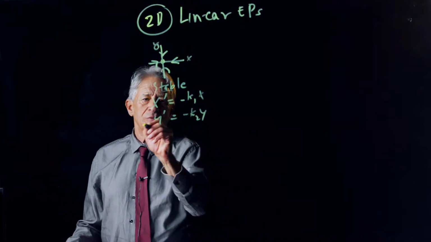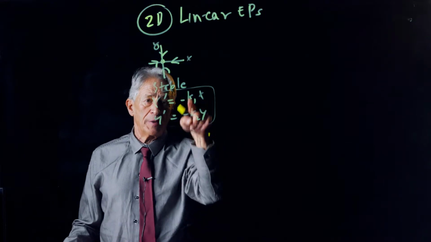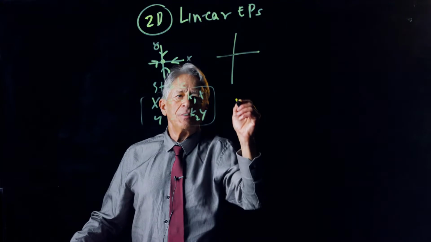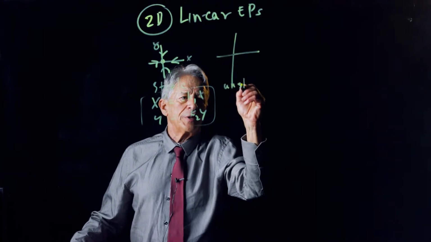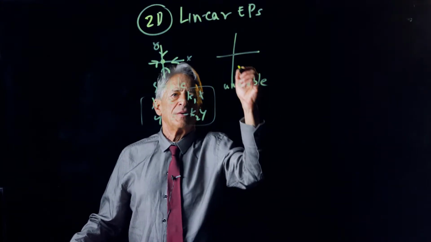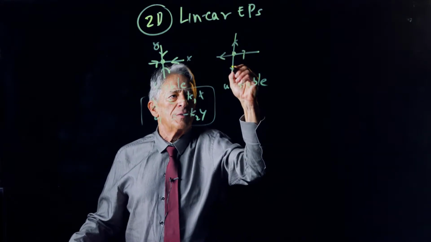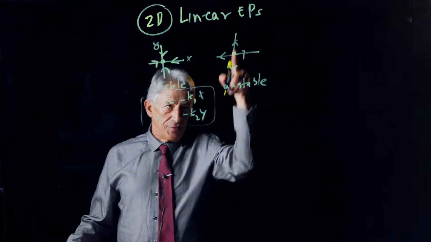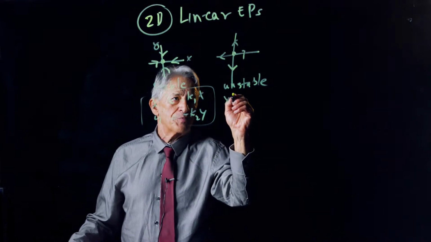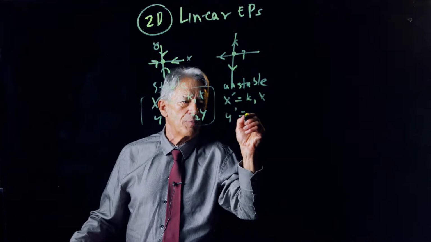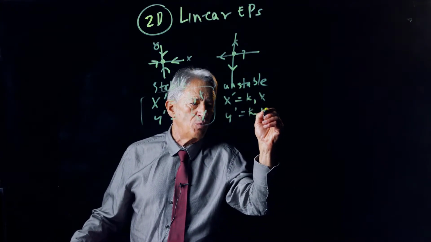These are, of course, linear equations. You're just multiplying by a constant. The second example was the purely unstable, and that looks like this. And that is a solution to x' = +k1x, y' = +k2y.